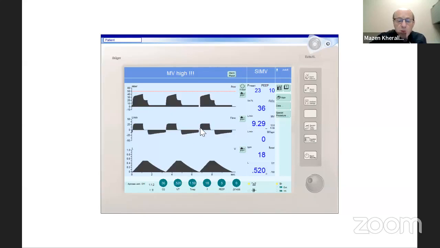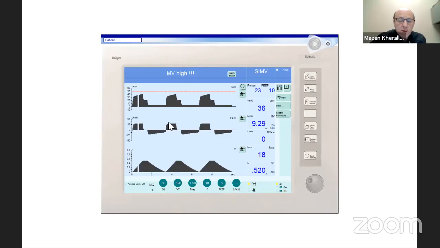And when the next breath comes, the lung is not completely emptied yet. You can see that there's persistent flow at end of expiration. And if we did not have the next breath, this patient would continue to exhale all the way here, and he would need longer expiratory time for complete exhalation.